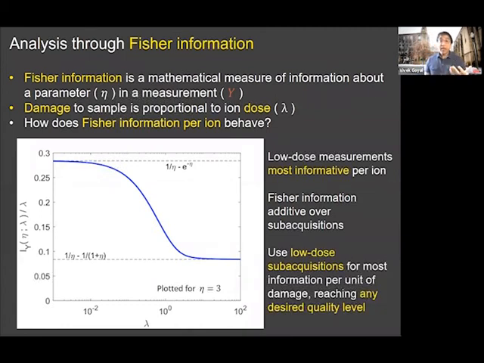So this variation of normalized informativeness suggests to use low dose sub-acquisitions to get the most information per unit of damage, but then enough sub-acquisitions to reach whatever quality level you want. And the simple expressions for the asymptotes on the graph that have been noted there lead to a simple expression for the overall improvement factor from this method.